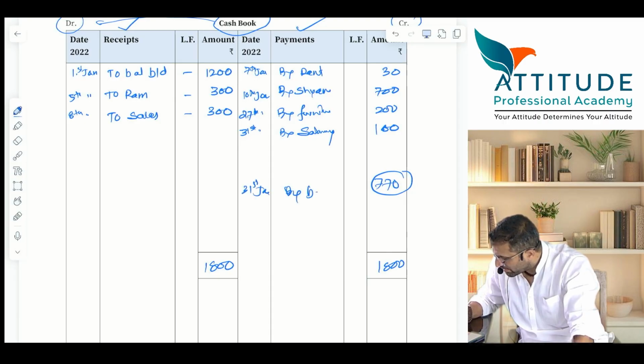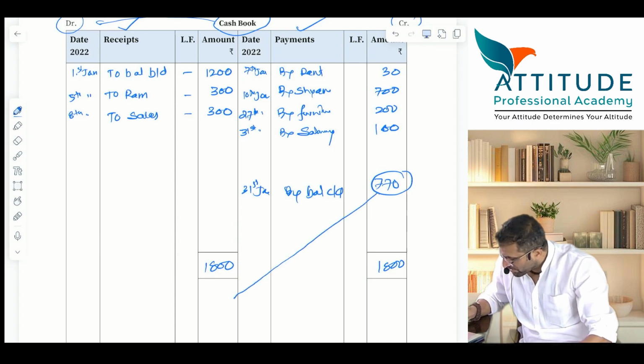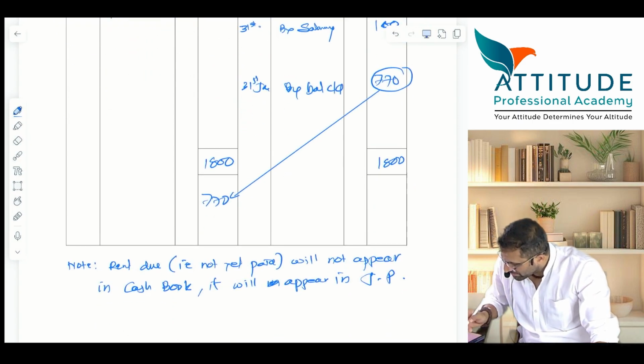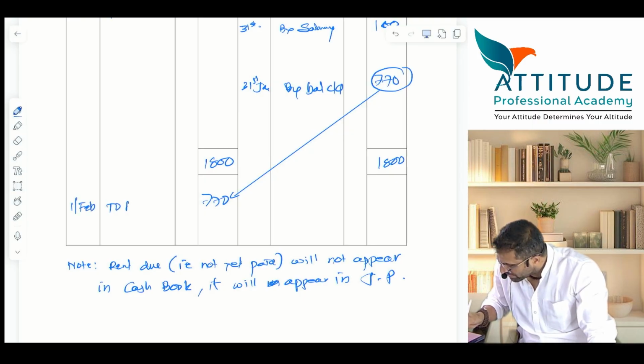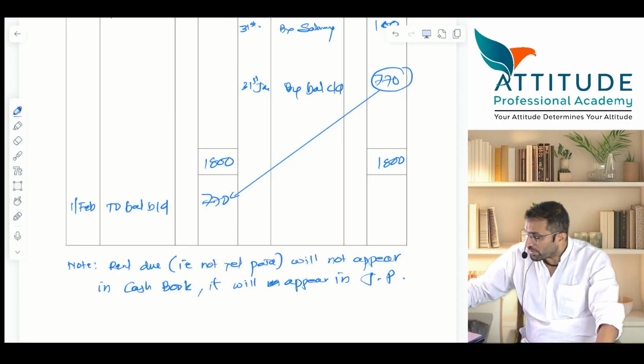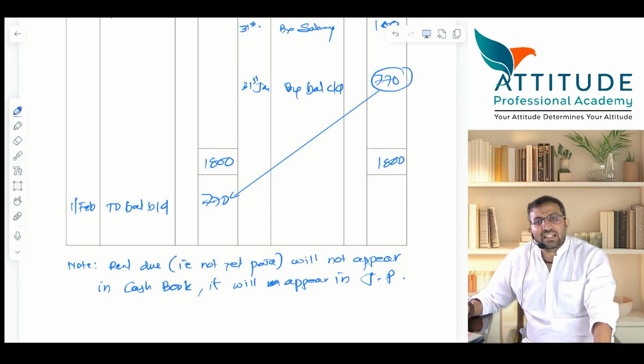By balance carried down. And this balance will be brought down to the next period. Is that clear? As 770 as opening balance. Correct? 1st Feb. To balance. That's it. Then again you will continue for the month of Feb. Is that clear? Is it very simple?